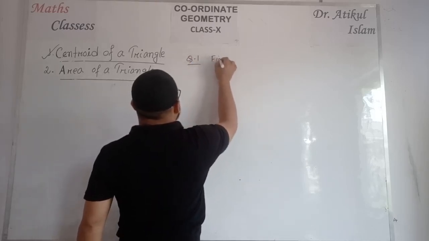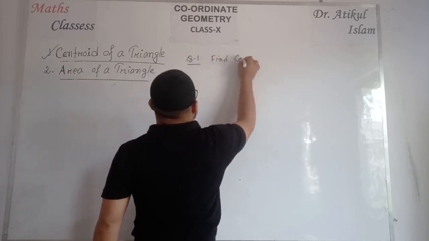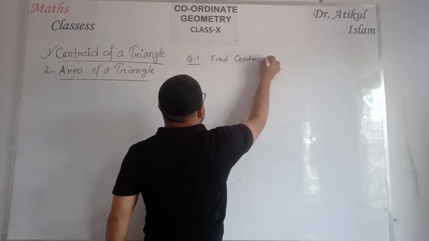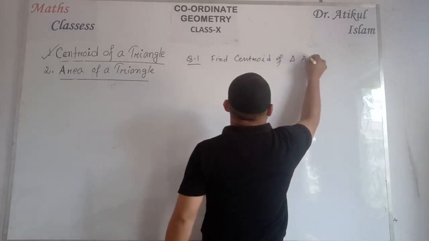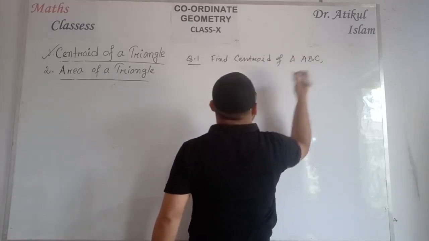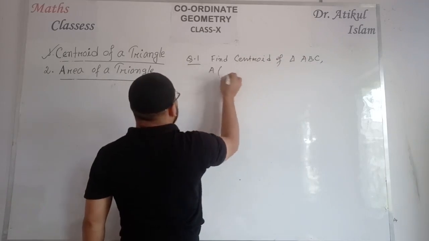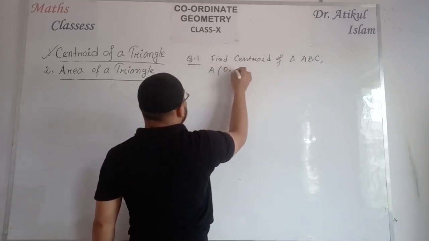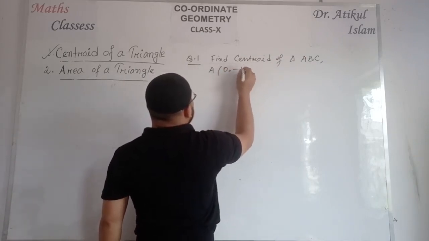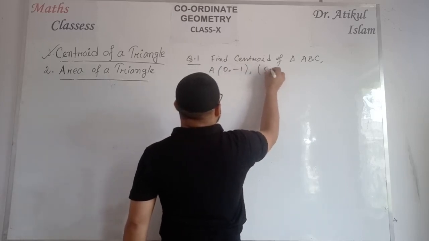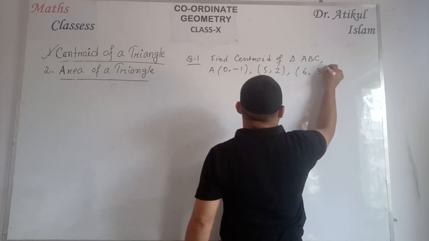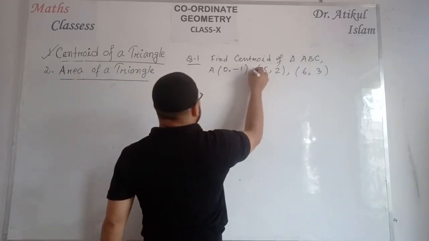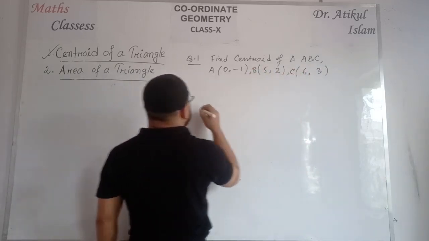Find the centroid of triangle ABC where the coordinates are, say, A is (0, minus 1), then (5, 2), (6, 3). So this is your B, this is your C.